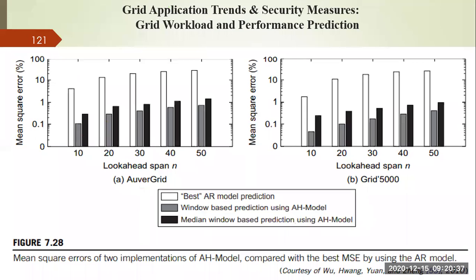And if you want to know the figures, you can see here the error is only around 0.12, up to 0 point something, in the case of the window based prediction model. But if you see the first bar, it is more than 1, around 5, in the case of the AR model.